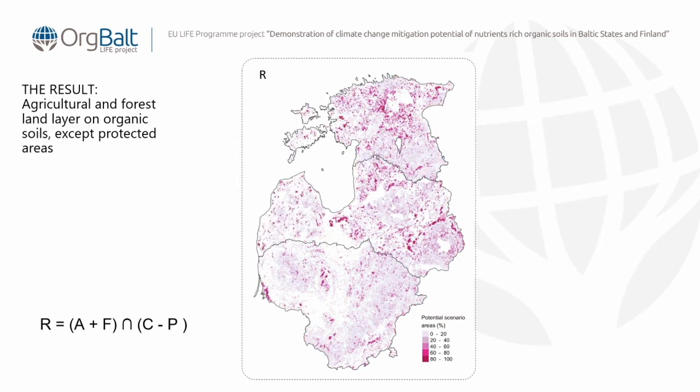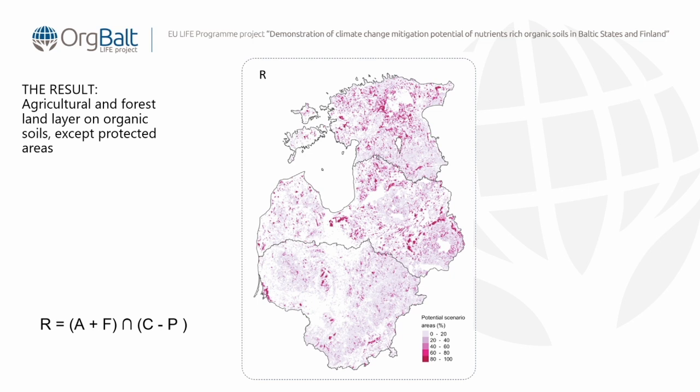After that, with simple math, we gathered the information. We made a sum of agriculture and forest land and overlapped it with organic soil, excluding protected areas.